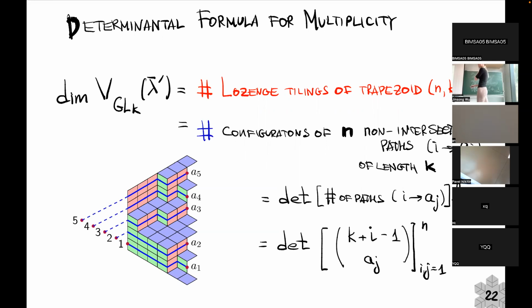A small note: we should make the paths longer, just to apply the LGV lemma.